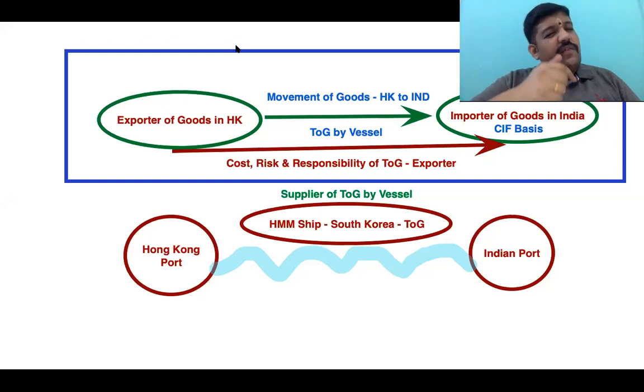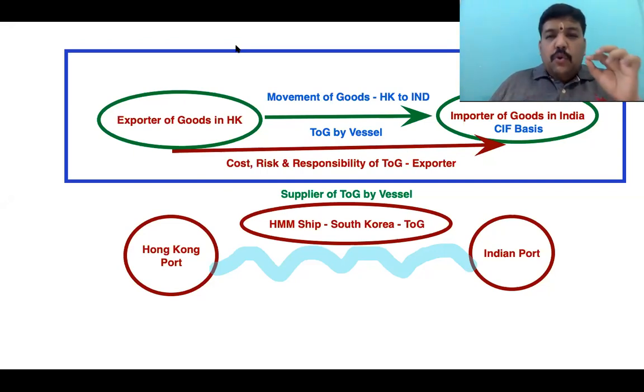Think for a minute. A lot of us are confusing this transaction. We are on a service transaction. We are not on the goods transaction. There is a service provided by HMM to a recipient who is located in Hong Kong, called your exporter of goods.